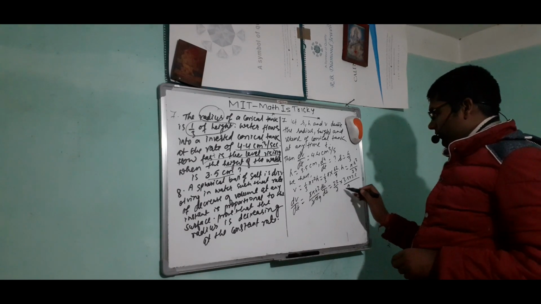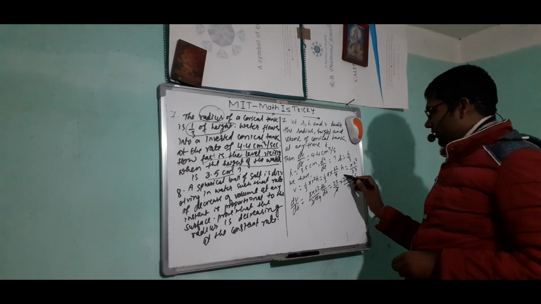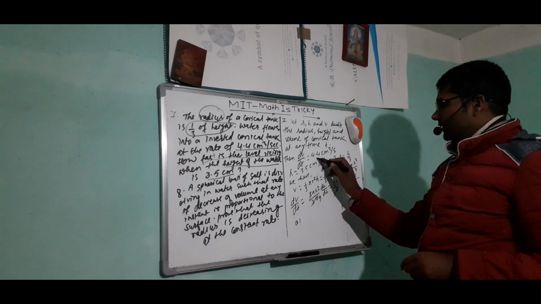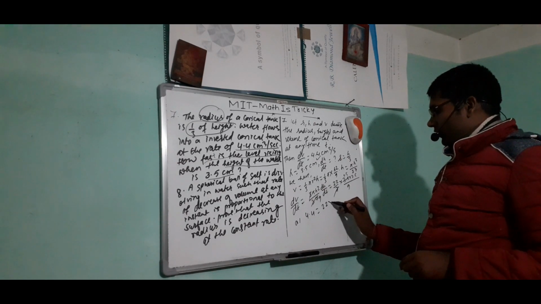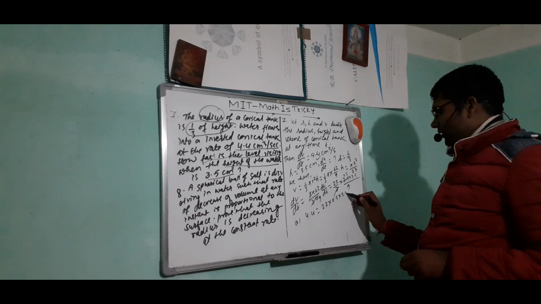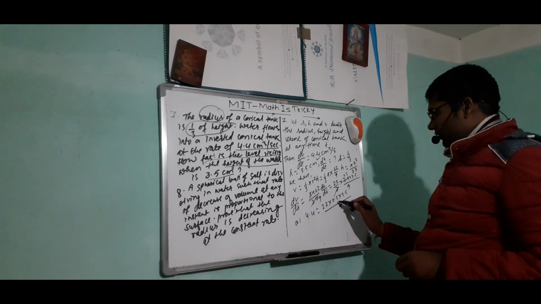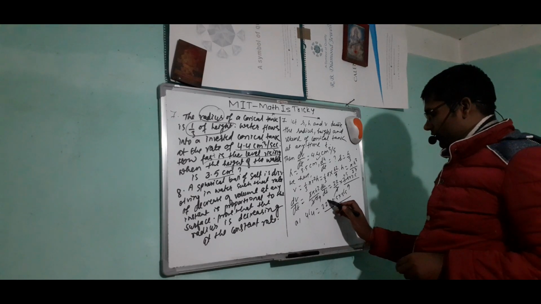Okay, so we can cut this, 0.5. Also dv by dt is given as 4.4. So 4.4 equals 22 into 0.5 into 3.5 by 9. Here we can cut this point, and this also cancels.